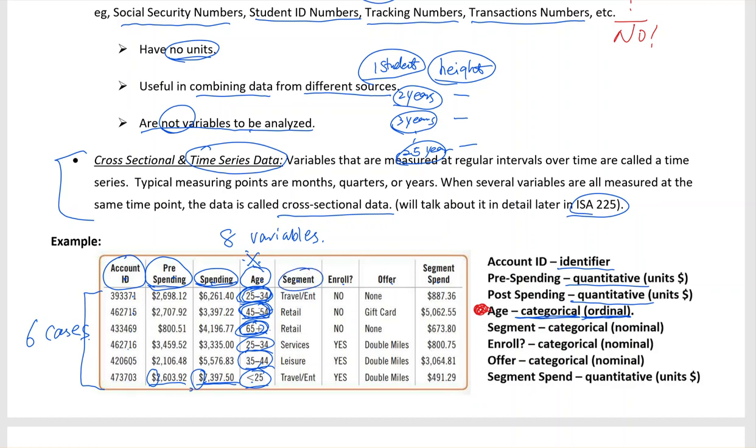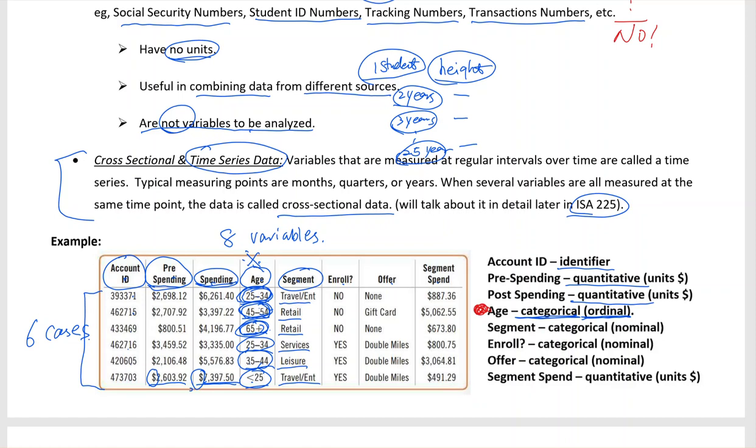All right, so next, segment. Think about this variable. First, the responses are not numerical values, so of course it is not a quantitative variable. Next, are these responses categories?